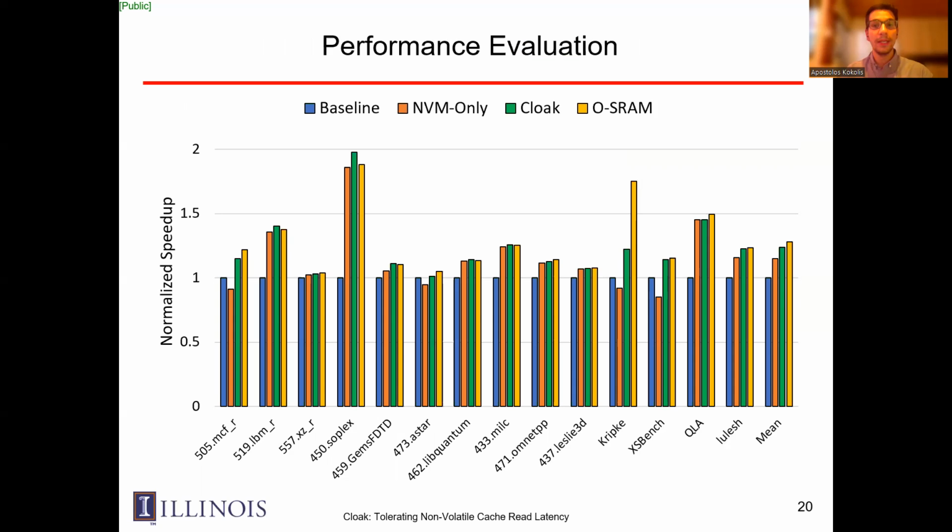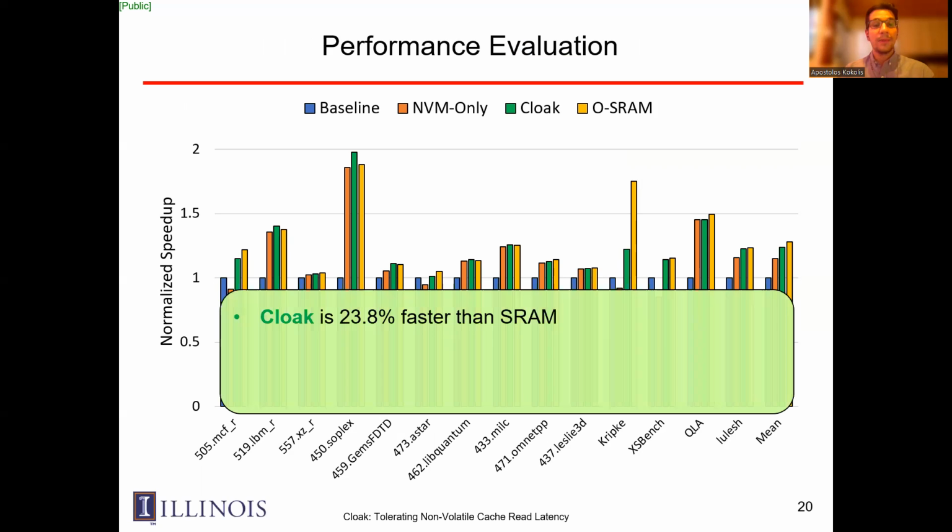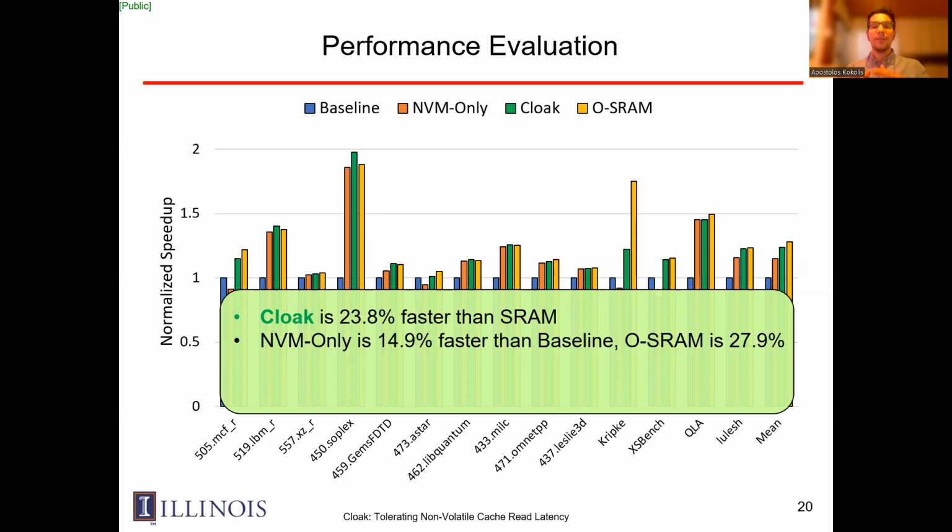What we see here is that Cloak is 23.8% faster than SRAM, while NVM-only is 14.9% faster than baseline, and optimistic SRAM is 27.9% faster. Even the NVM-only design is faster than baseline, because the LLC capacity increases, so we have many more hits in the LLC instead of main memory.